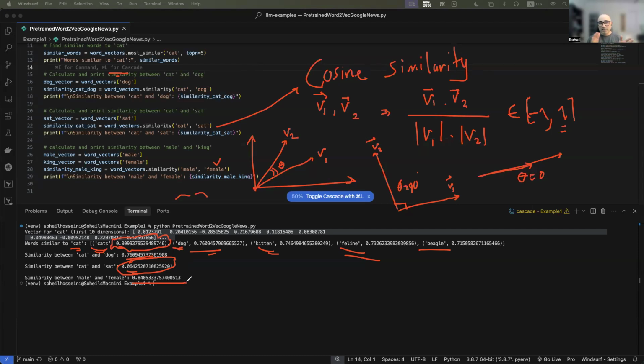Again, this model is pre-trained on Google News. You can see that these words are used in the same context, so they are very, very similar. Not cat and sat, which is close to 0, while this one is closer to 1.